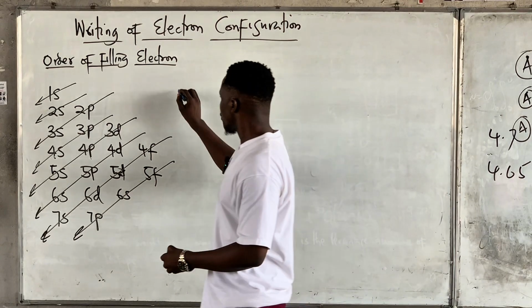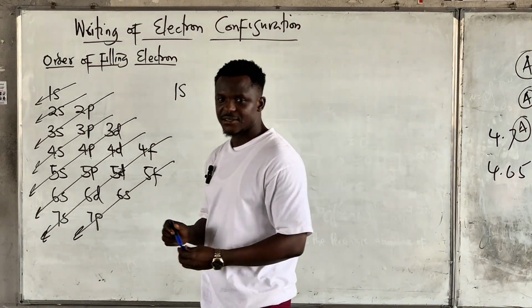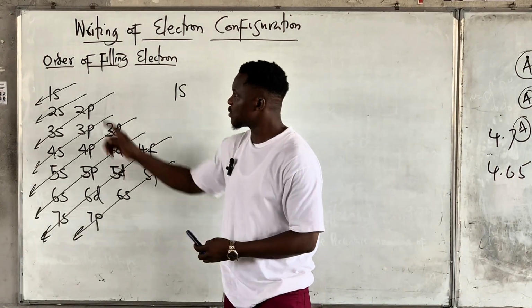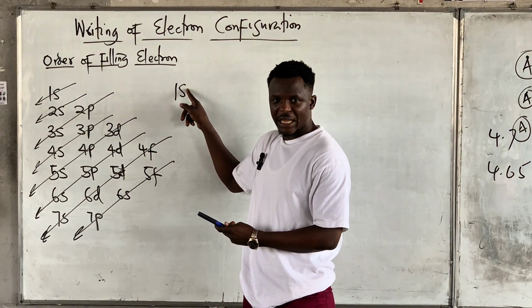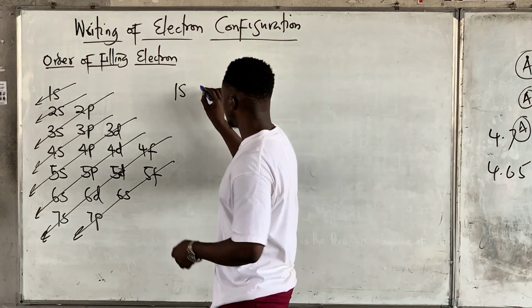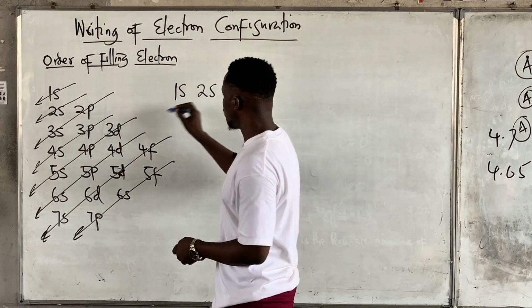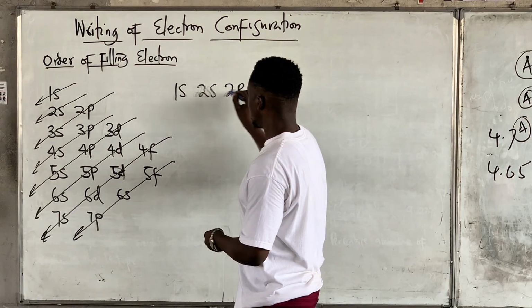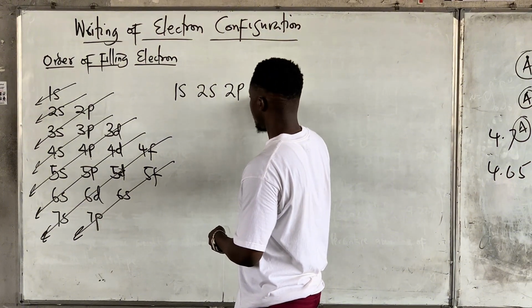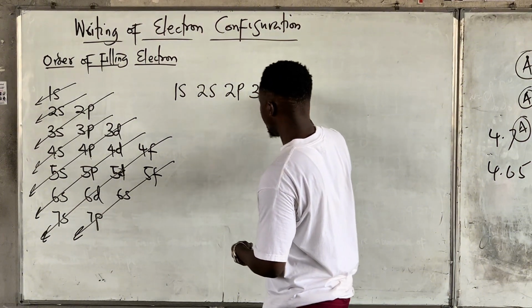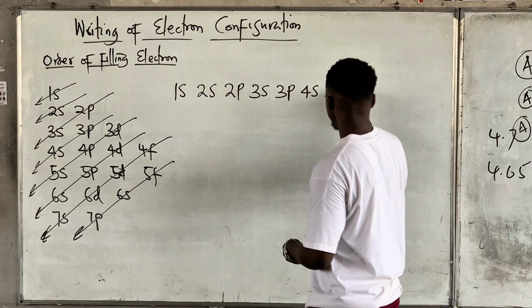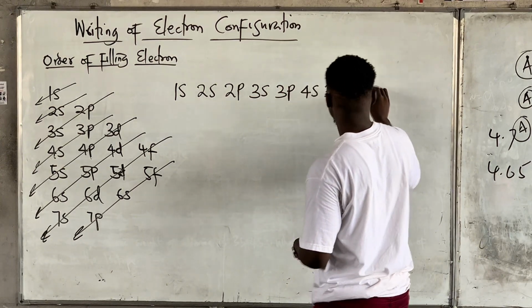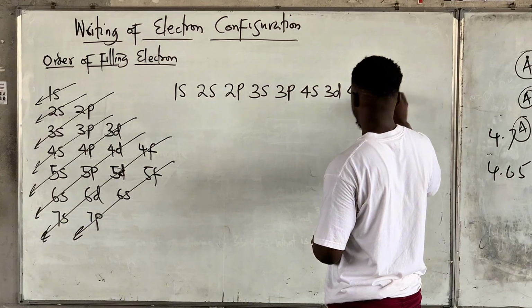So here, you write 1s first. That's why we say order of filling electrons. You fill electrons first in the 1s, after which you move down to what? 2s. From 2s, you move down to what? 2p. From 2p, 3s, 3p, 4s, 3d, 4p, 5s.